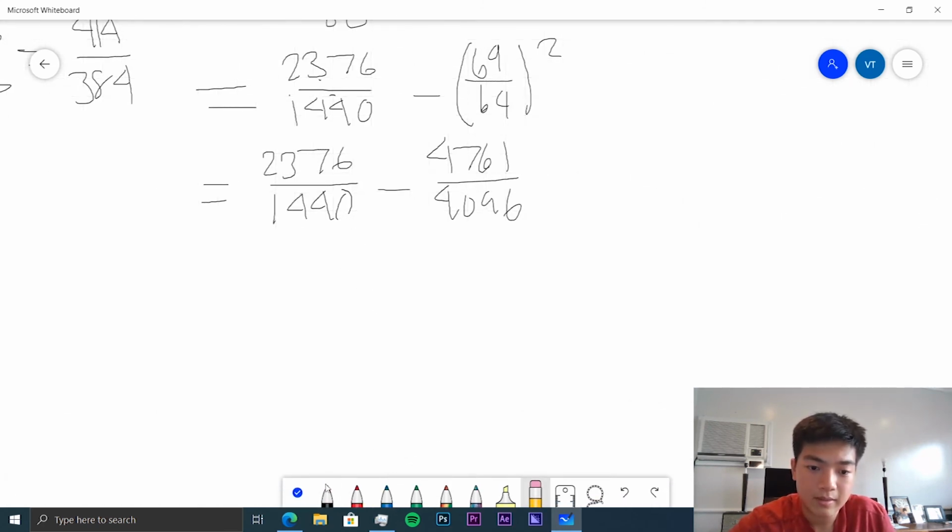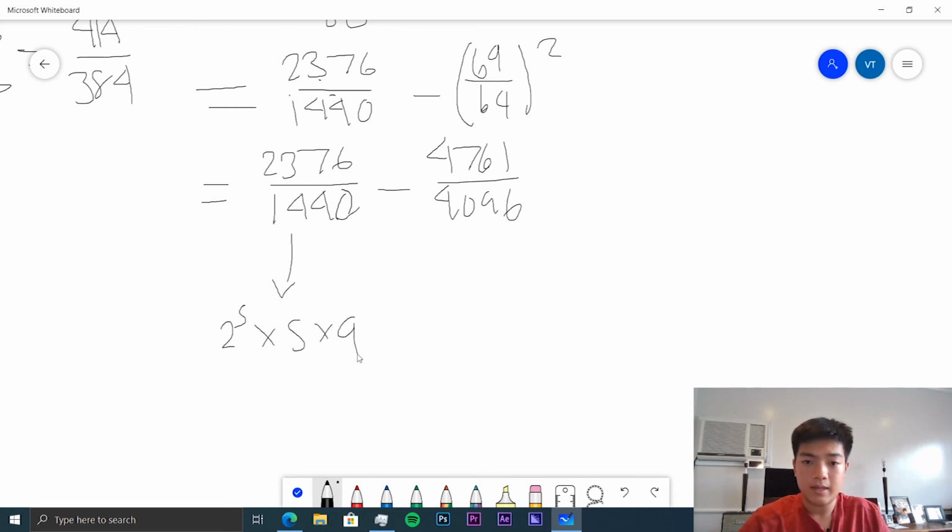So 1440 is divisible by 16. So this is 2 to the 5 times 5 times 9. And 4096 divided by 16 is 2 to the 8, 2 to the 12.